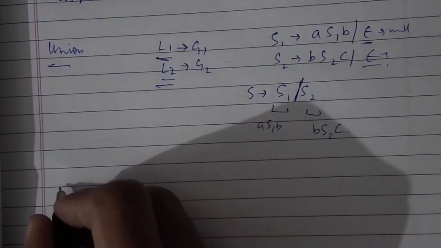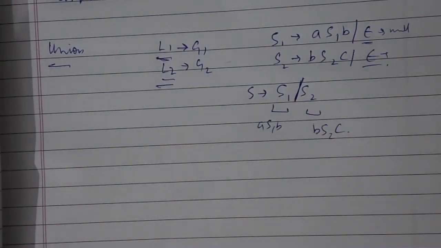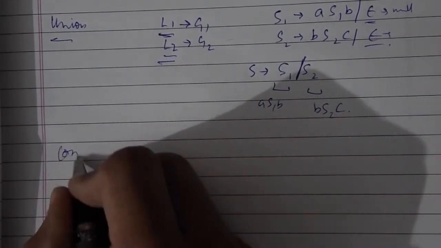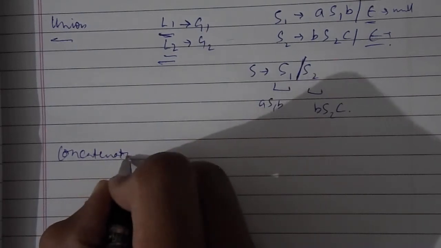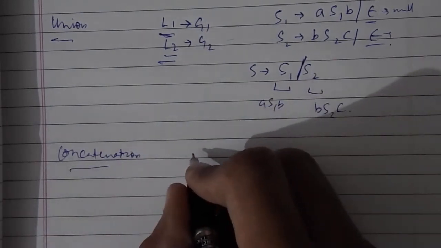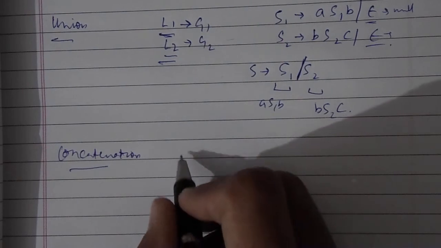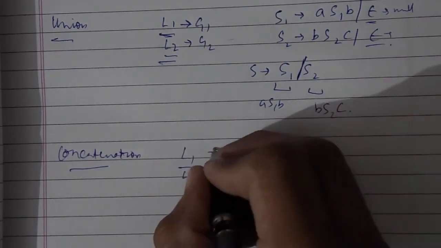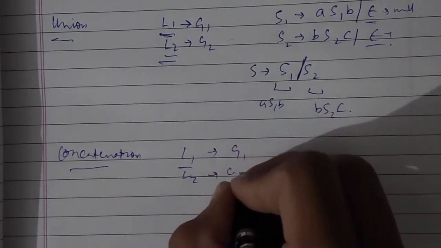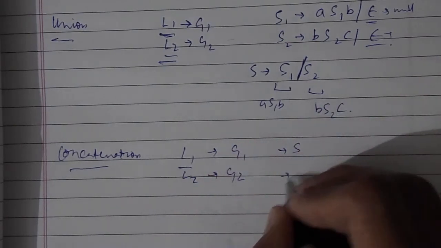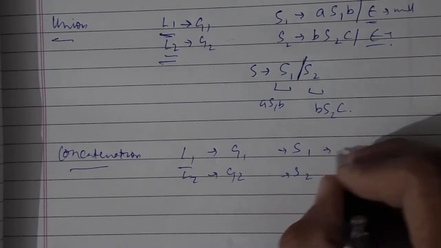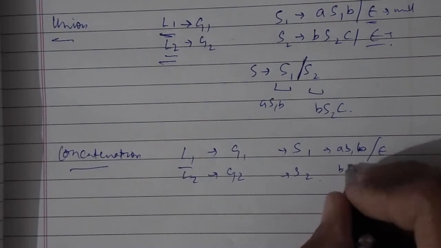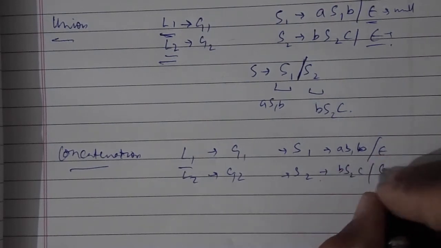For now, let's go with the concatenation. I will take the same languages L1 and L2 as I have taken above for the union, having grammars G1 and G2 with the same strings S1 and S2: a^n b^n or epsilon, b^n c^n or epsilon.